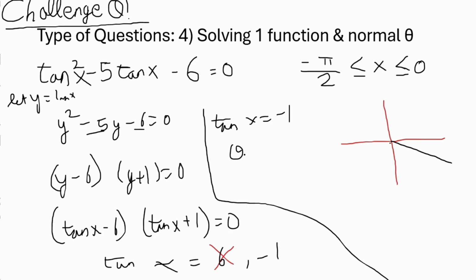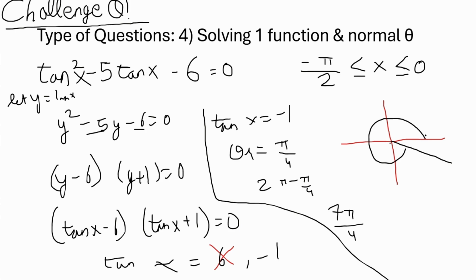And so our reference angle, if we were to solve it normally, is pi over 4, and I'm talking about this normally. So our actual angle is going to be 2 pi minus pi over 4. So it's going to be 8 minus 1, which is 7 pi over 4.